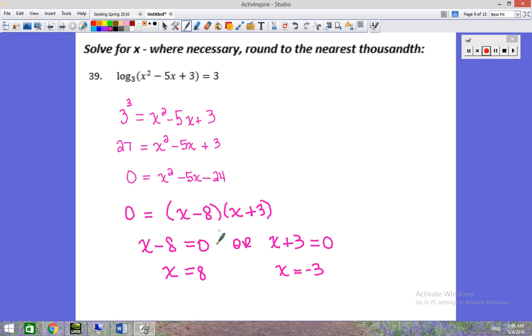So the 8, let's plug it in. 64 minus 40 is 24, plus 3 is 27. 3 to the third power is 27. This checks. Let's plug in a negative 3.